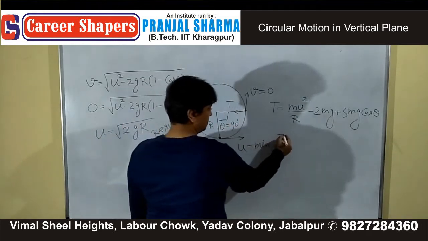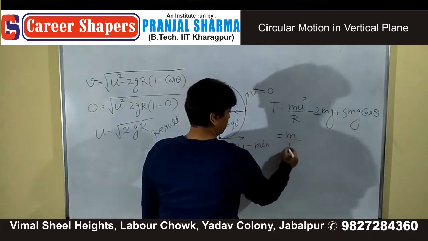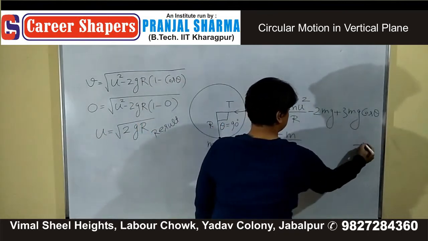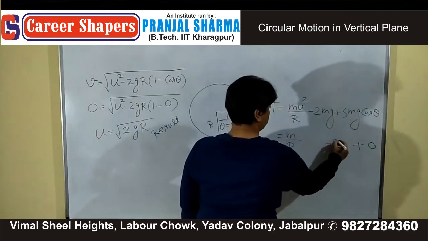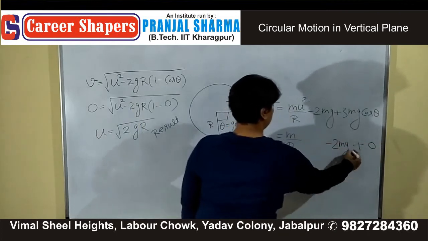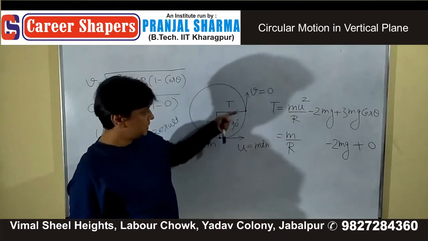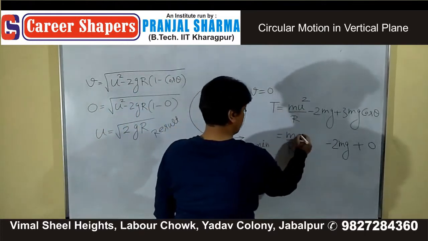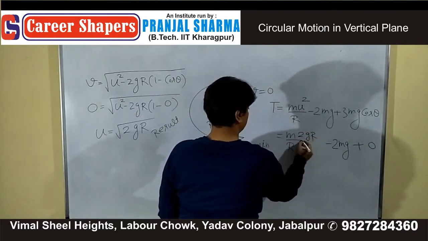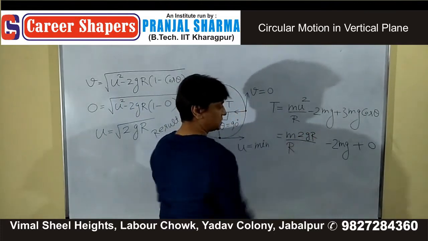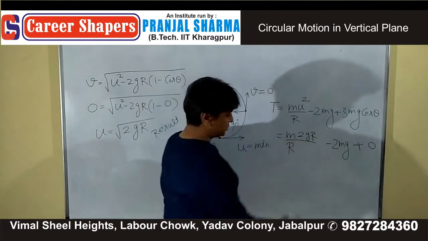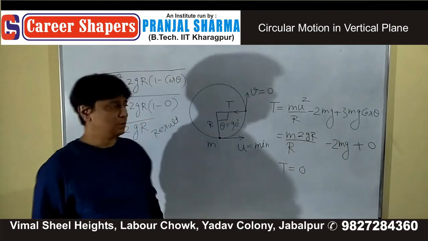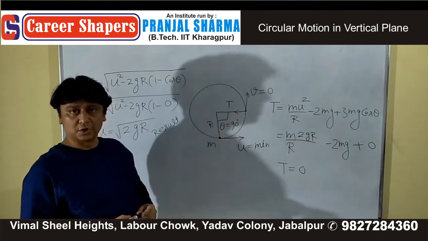At this position, theta is 90. What is cos 90? 0. Minus 2mg. To reach this position, U must be root 2gr. U square becomes 2gr. R cancelled. 2mg minus 2mg gives us T as 0 at this location.